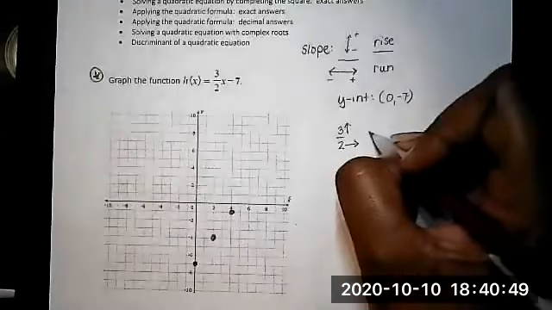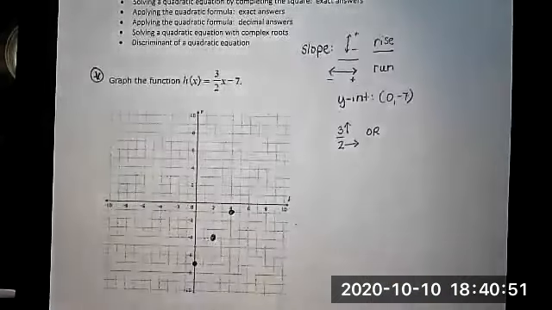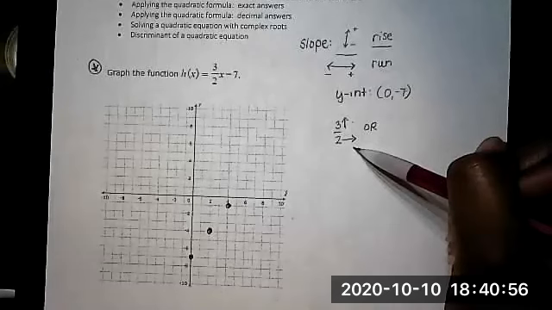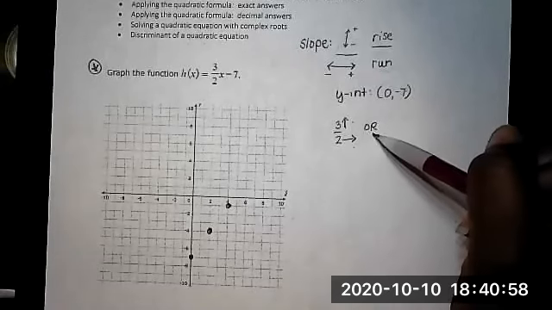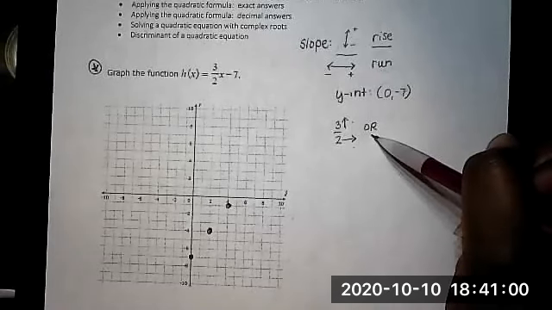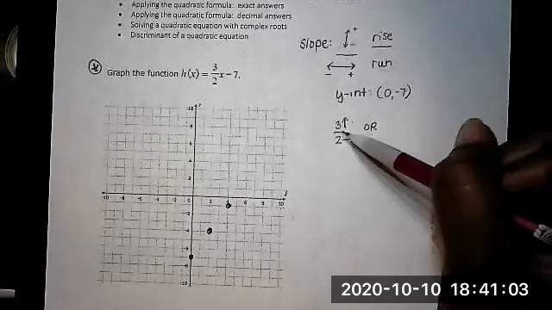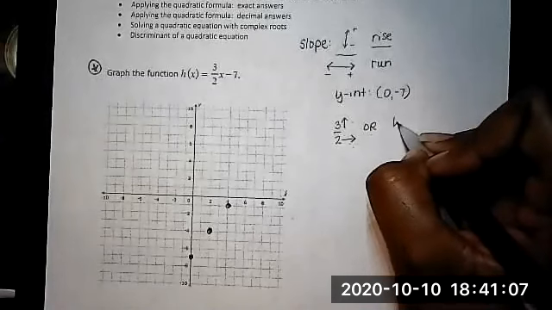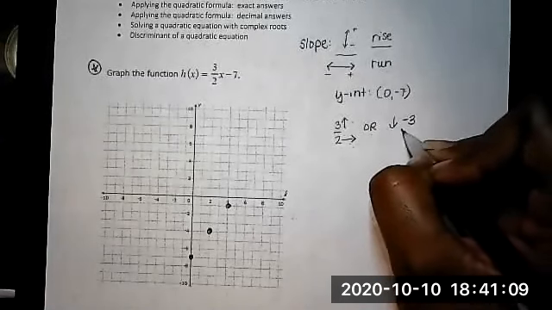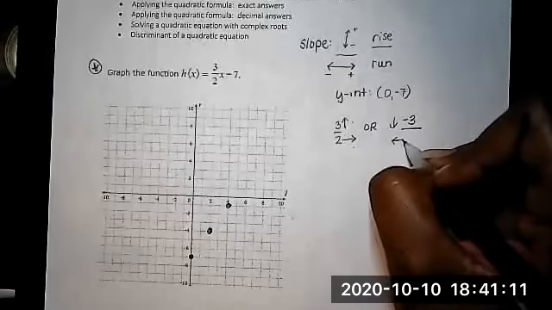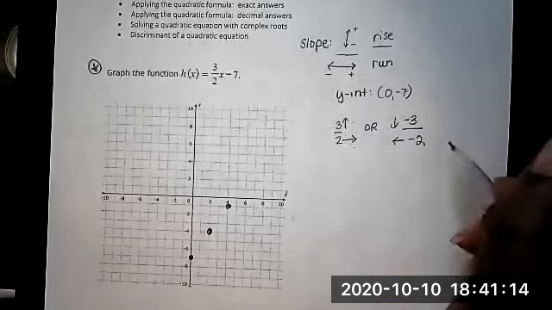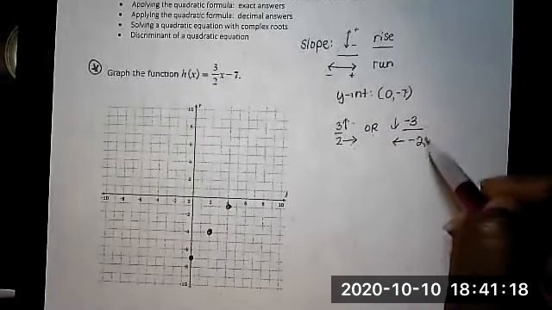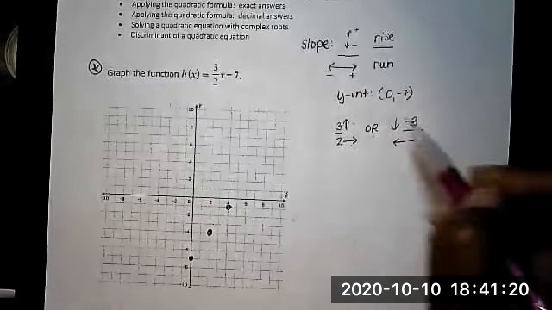I want to show you something that is also true about slope. If up and right are a part of the slope, the opposite is also always true. So if it's up 3 and right 2, then down, which is -3, and left, which is -2, is also always true. As you can see, two negatives become a positive, so these are actually equal to one another.